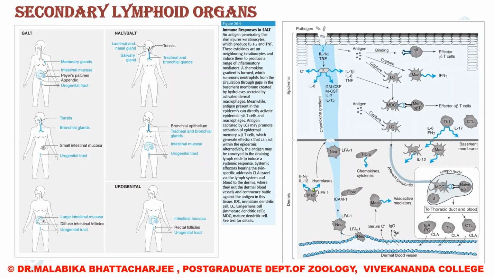So this is the first thing that happens whenever a pathogen enters through our skin. These are the variety of cascades that take place whenever a pathogen enters through the skin.